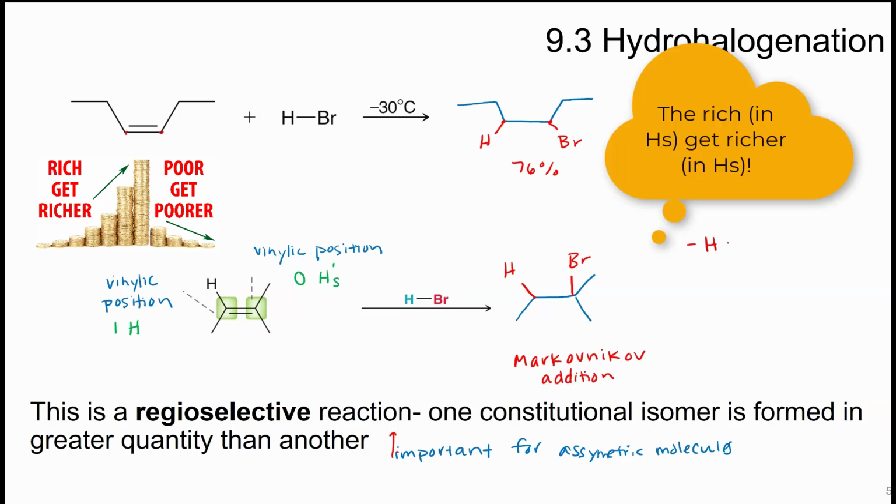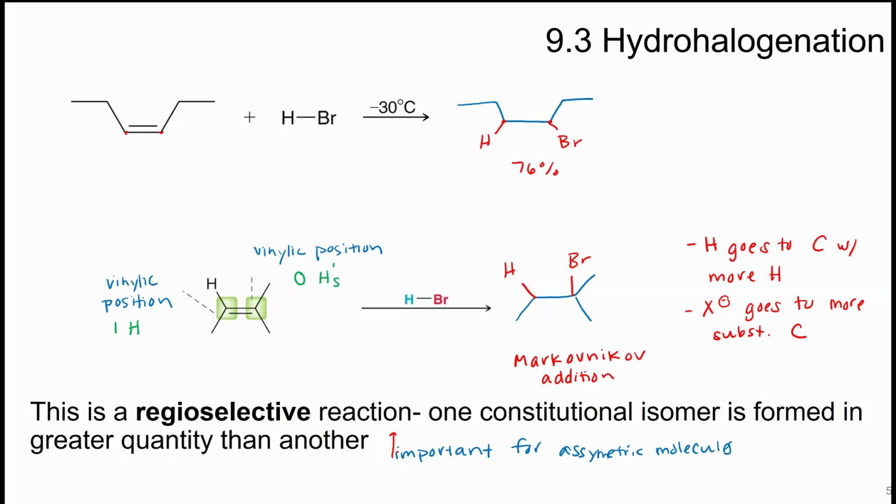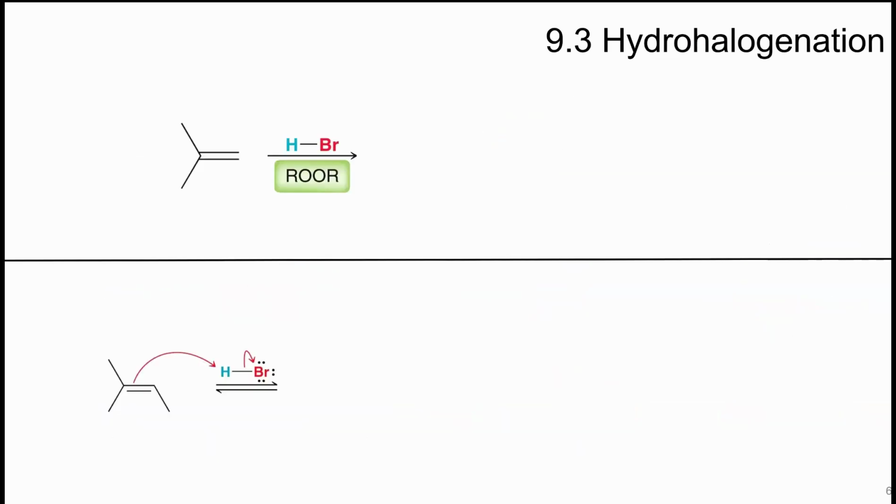The H goes to the carbon with more H's, so the Br, or the halogen, goes to the more substituted carbon. And if you were wondering why that happens, we can go through the mechanism in a little bit.